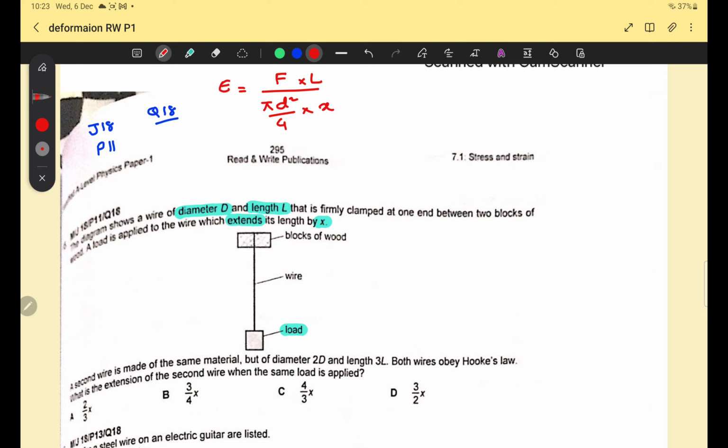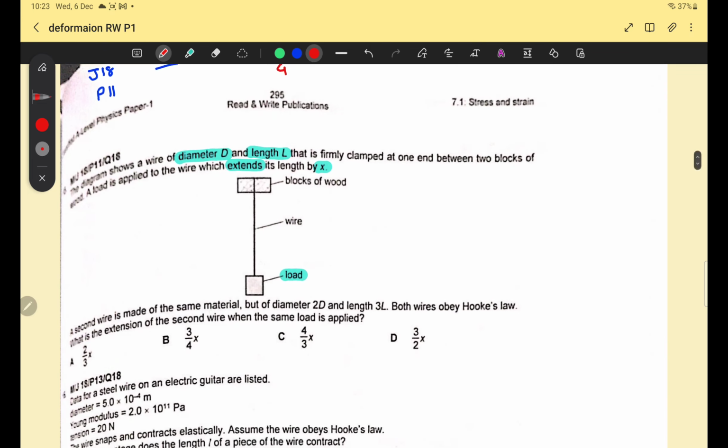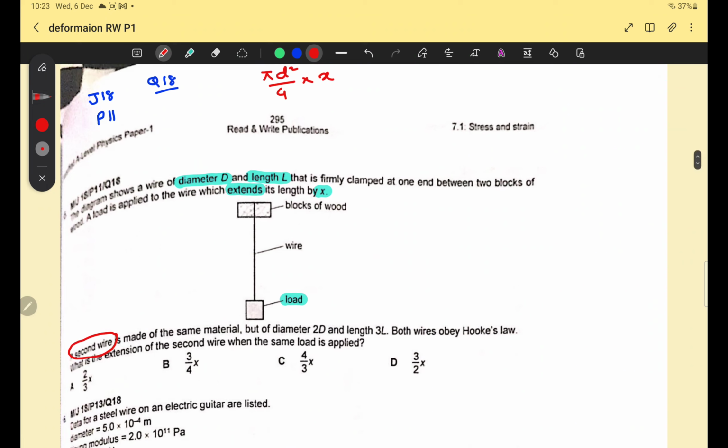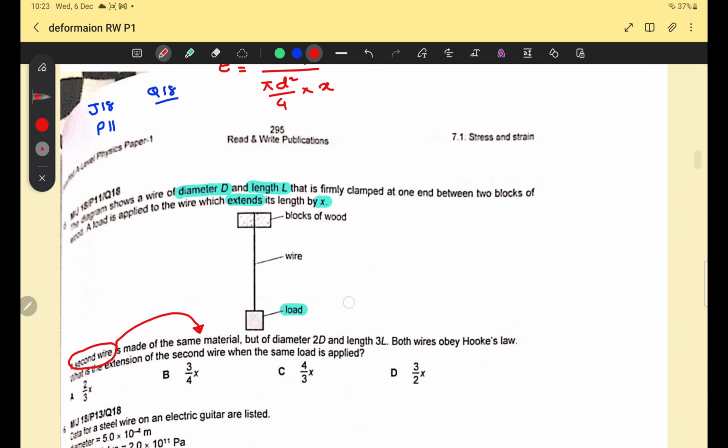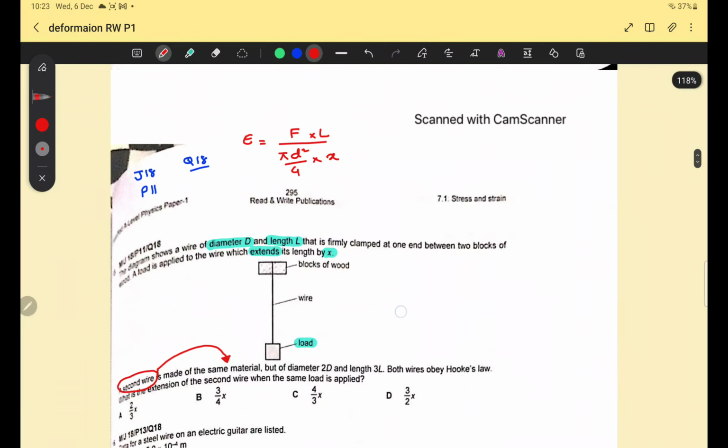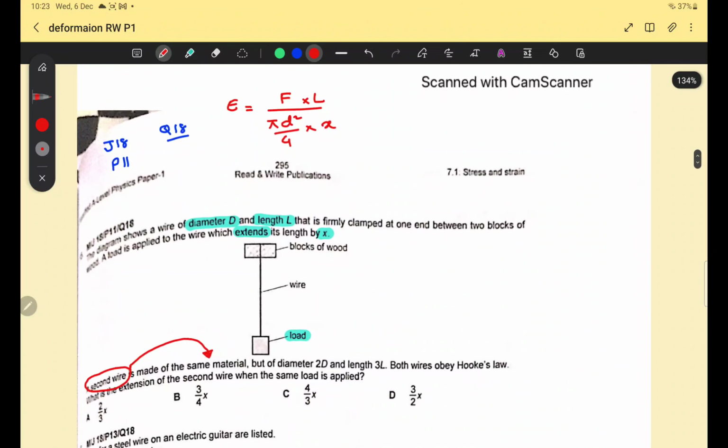Abda Anjum, can you help me? Which quantities should I cut for the second wire? Abda, the second wire is having the same material. If the second wire is made of the same material, then which? Yes.